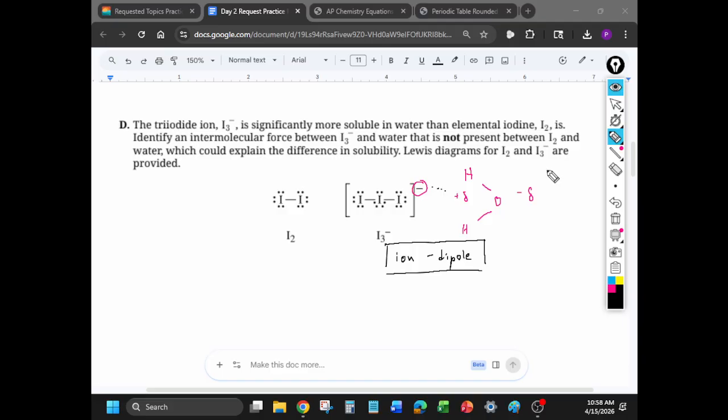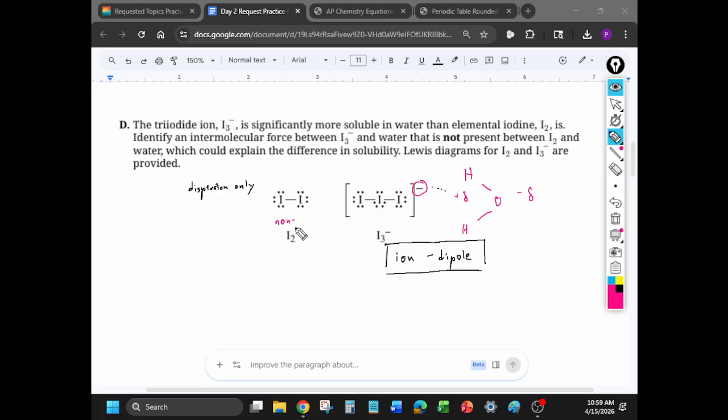Okay, but let's talk about why this has a stronger attraction. If you look at I2, iodine, what intermolecular forces does this one experience? Dispersion. Anything else? No, it is only dispersion. Okay, so dispersion only. And why does it only experience dispersion? It's the same, so what do we call that? Yeah, nonpolar.